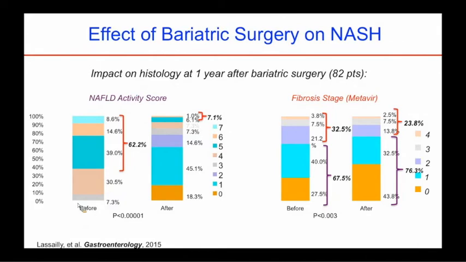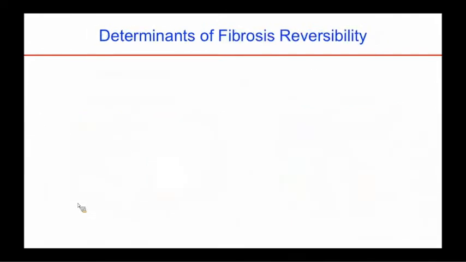And of course, they are following these patients, and we hope and anticipate they'll do 5-year or 3-year biopsies in this cohort as well. And the prediction, of course, would be if the patients maintain their weight loss and otherwise are therapeutically benefited by bariatric surgery, this fraction of high-stage fibrosis will continue to go down over time.